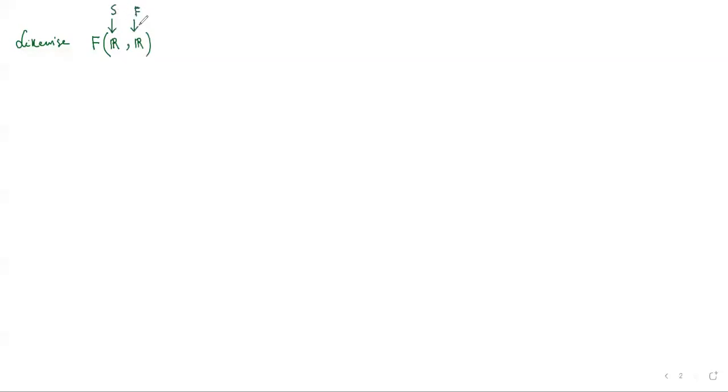The set S is also R, and the field F is also R. Then since F(S, F) is the set of all functions from S to F, F(R, R) will be the set of all functions, continuous, discontinuous, whatever, from R to R. Okay, this is point number 2.